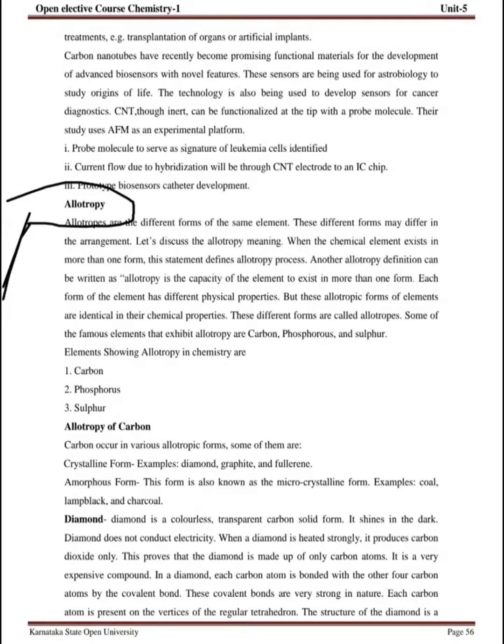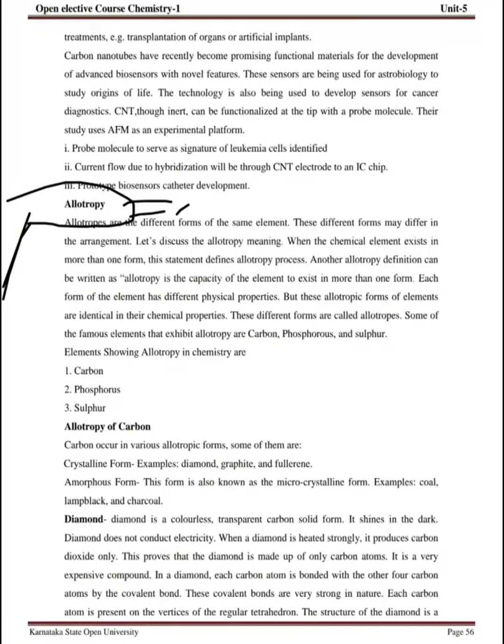What is allotropy? Allotropy is the difference in physical properties while having the same chemical properties. That is known as allotropy. The molecules which have different physical properties but the same chemical properties are known as allotropes.